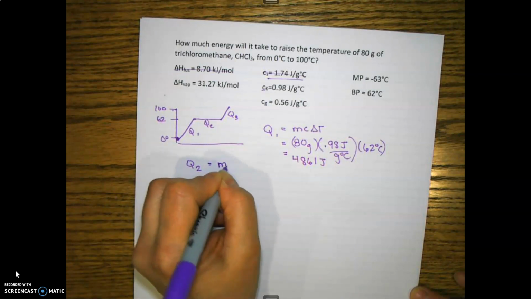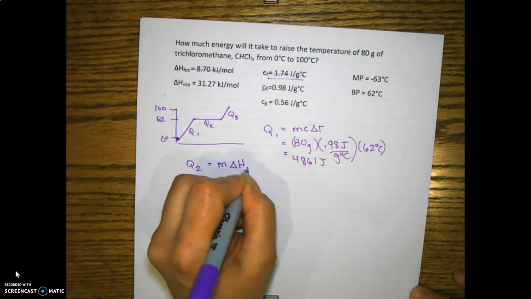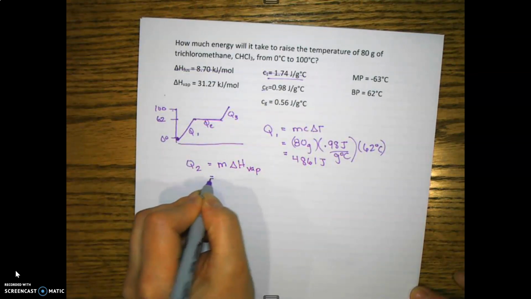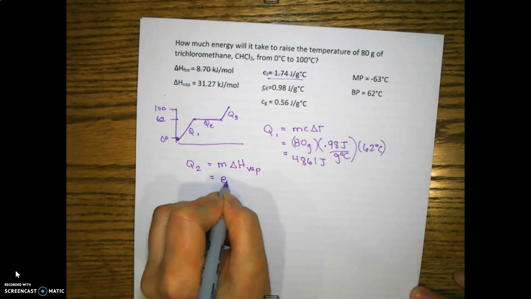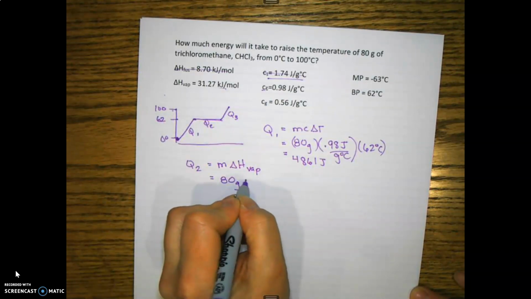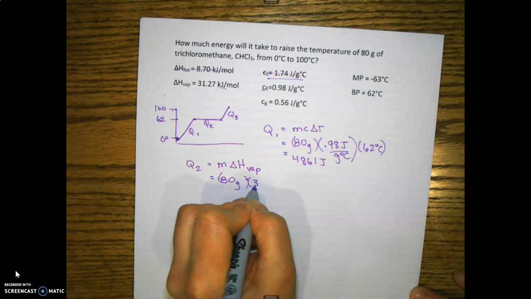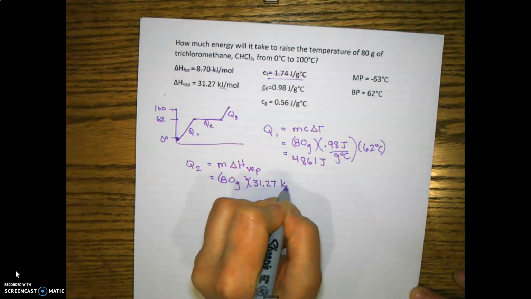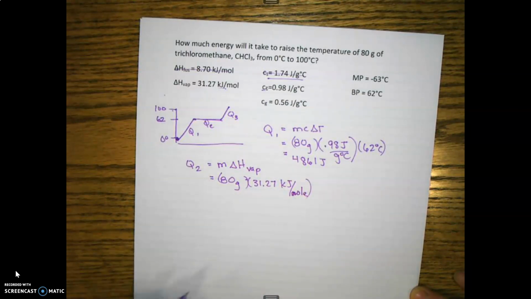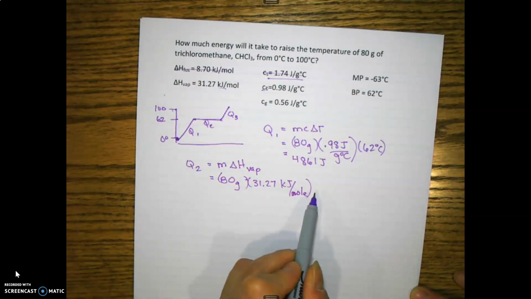So I'm going to be using M delta H of vaporization. I don't need to worry about a delta T because there's no temp change. So I still have that 80 grams, but now my heat of vaporization is 31.27. Now look at units, kilojoules per mole. These units aren't going to cancel out, so I need to be careful.